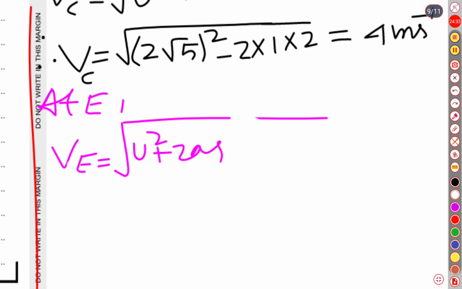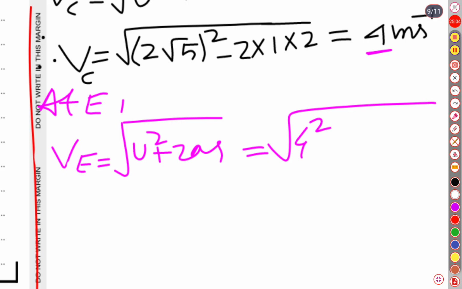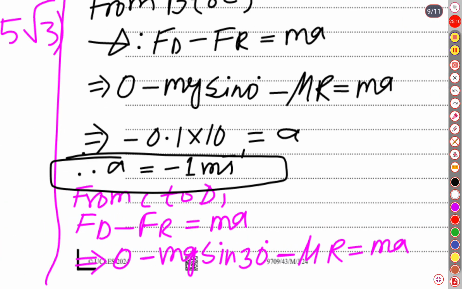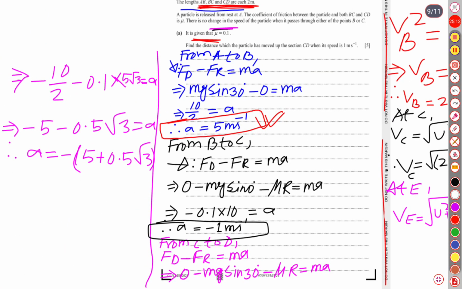Now our initial velocity was 4, so 4 squared, then plus, let's see what the acceleration at point E was. Look, we have calculated here, it was negative 5 plus 0.5 root over 3.